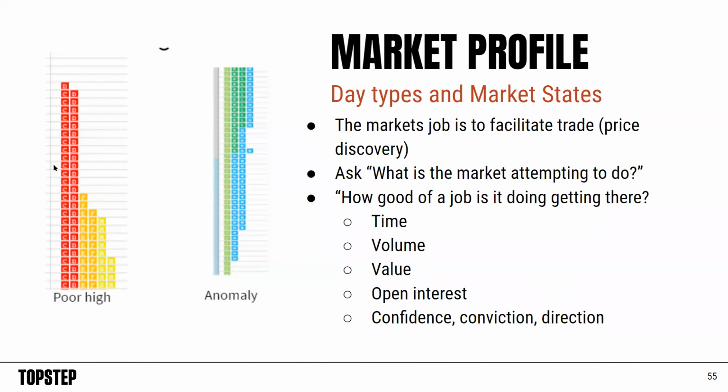Here we've got what we call a poor high. You can see C period ceased here. D period came up and went one tick above C period. This is a situation where the market either got too long to continue, or a situation where buyers were willing to take that next step but weren't quite ready to commit.